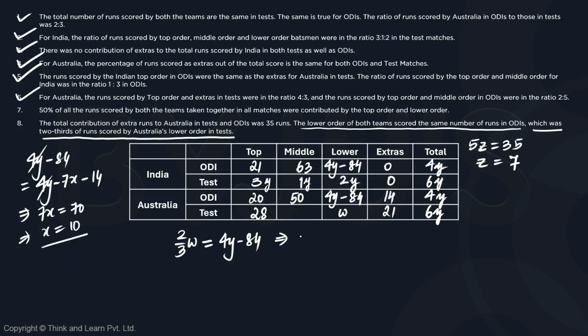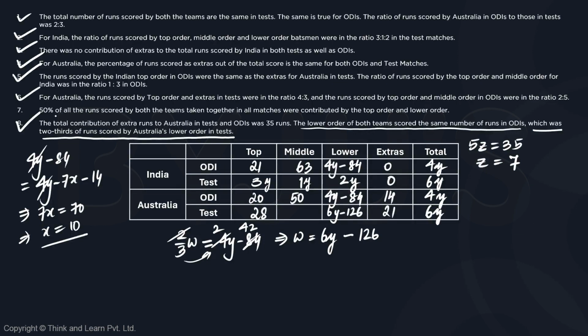So this is going to give us 2W, or we can simply write W here. 2 will cancel out, isn't it? So we'll have 2 here and 42 here. So W is going to be, if 3 goes to the other side, 6y minus 3 into 42, which is 126. So instead of W, now we can write 6y minus 126. So we're done with the 8th statement.